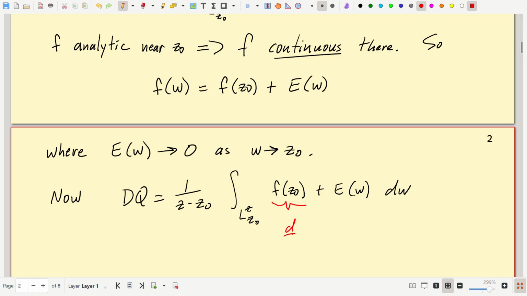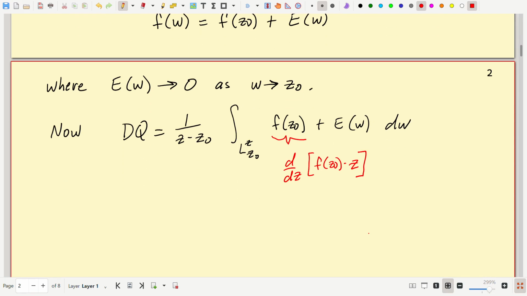Okay. And that constant thing I can integrate because that is the derivative of something. That's equal to d by dz of constant times z. And so I can use the fundamental theorem of calculus to calculate that first integral.